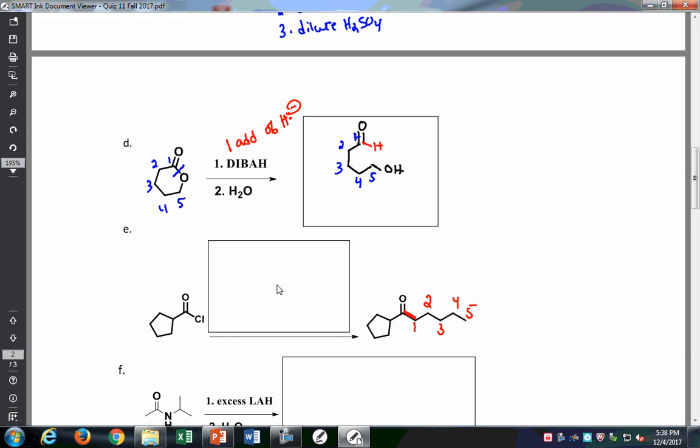the Gilman. So that's your R group attached to CuLi, but it's two of your R groups because that's the way copper binds. Now be careful here, don't add too many carbons.